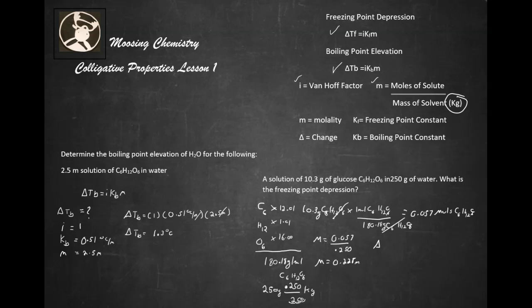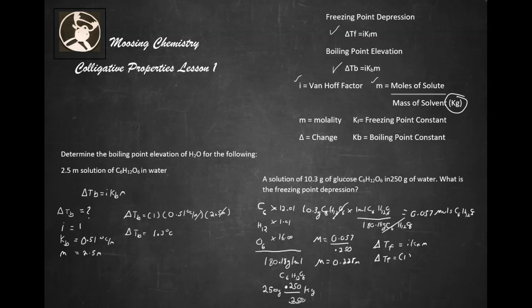So I go delta TF equals i Kf m. Well, the Van't Hoff factor i is going to be 1, because this is not an ionic compound.